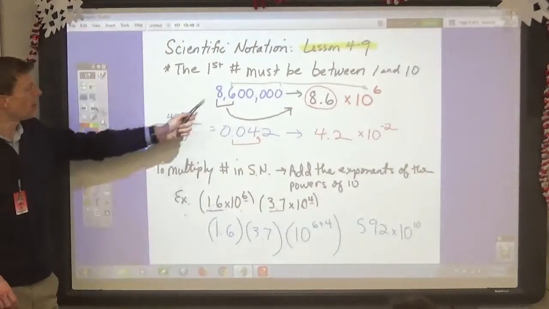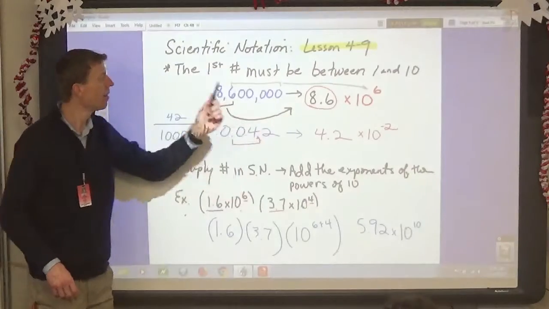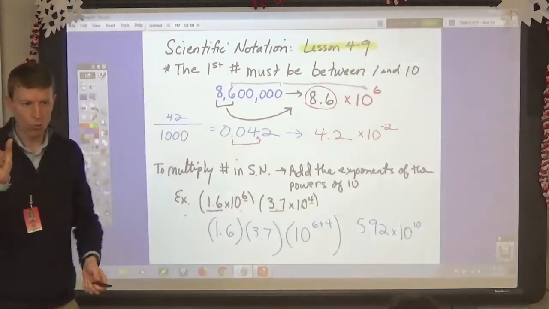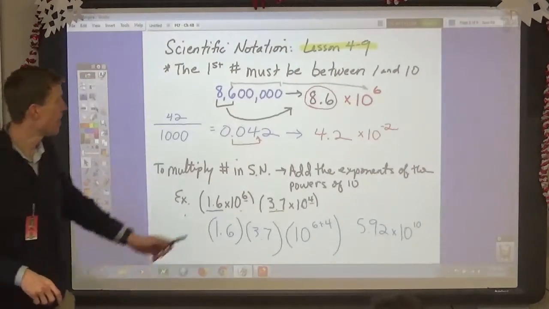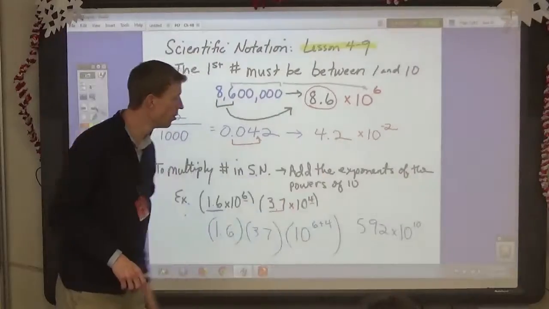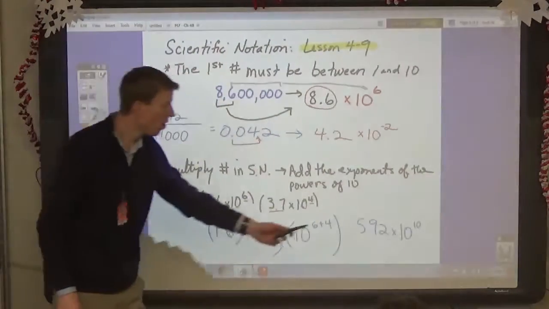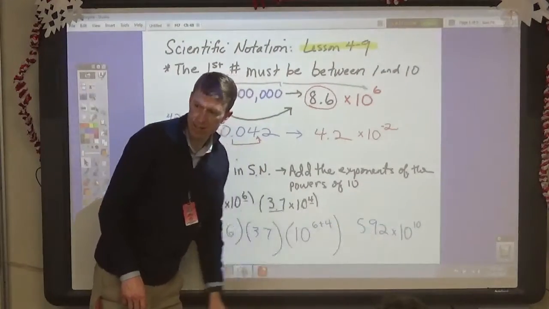If you put a decimal point after the first digit, then that first number will be between 1 and 10. Whether it's 8.6 or 4.2 or 5.92, these are all numbers between 1 and 10.